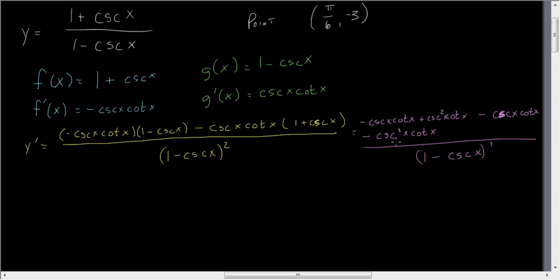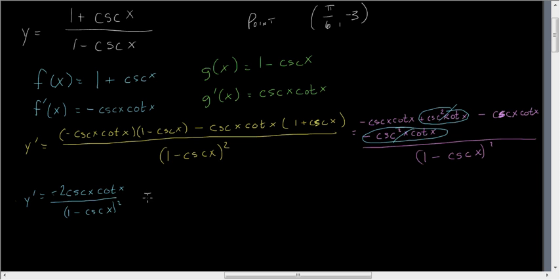Notice that I have a positive cosecant squared cotangent and a negative cosecant squared cotangent. Those cancel out, and I'm left with y prime then is equal to negative cosecant, oh, I have 2 of them, so that's negative 2 cosecant x cotangent x divided by 1 minus cosecant x quantity squared.